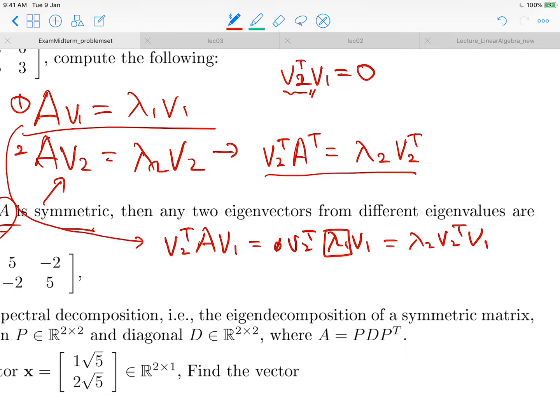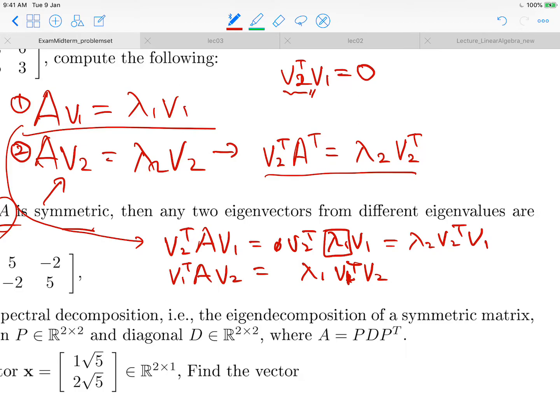Using the second one, we can do a similar thing: V1 transpose, A, V2, and lambda 2, V1 transpose and V2.